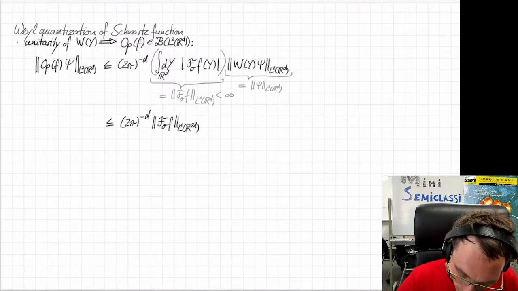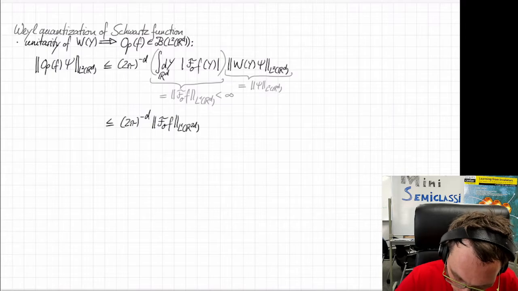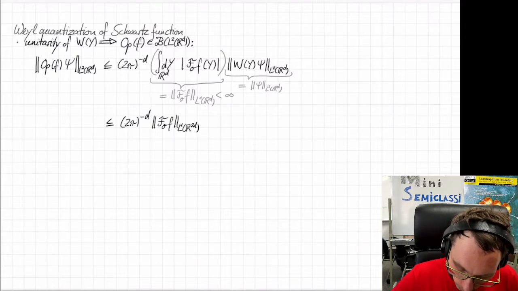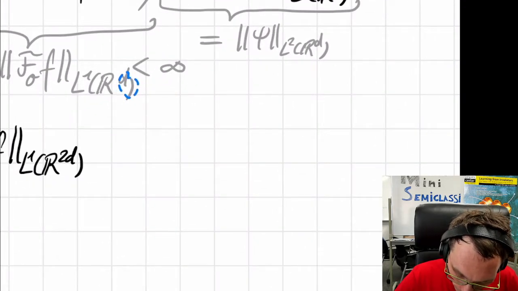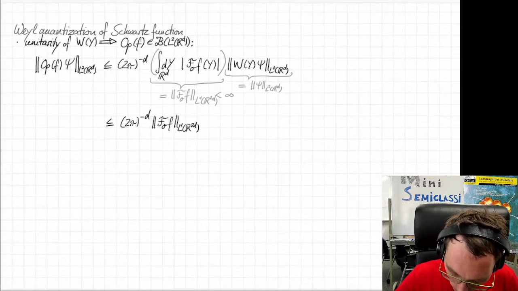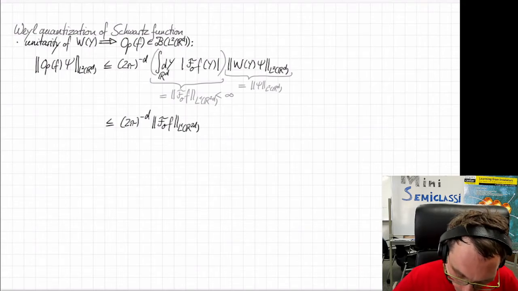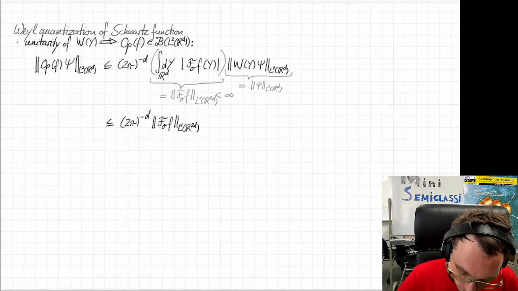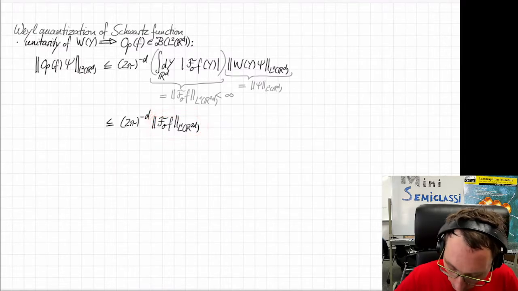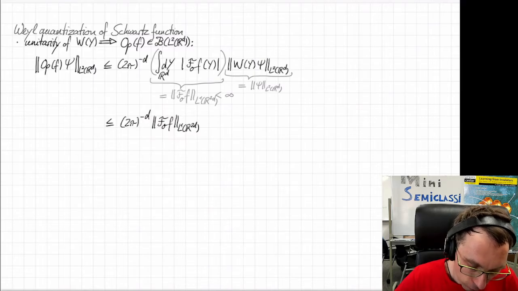Sorry, it's not R^d, it's R^2d. So that's why I wanted to write out the spaces. Let me fix that here as well. Of course, if you're feeling very charitable, you can estimate this in terms of the L infinity norm of f, which happens to be one of the semi-norms.